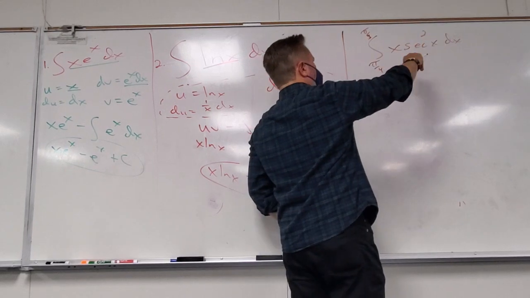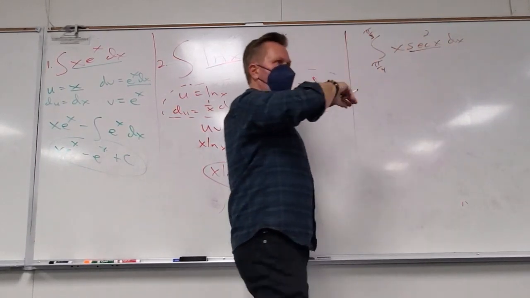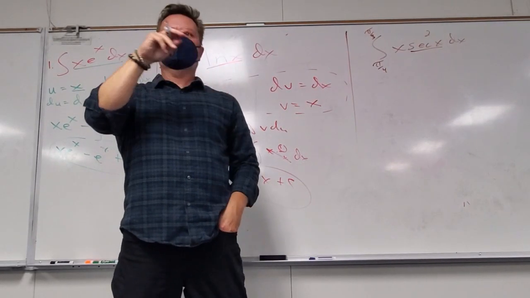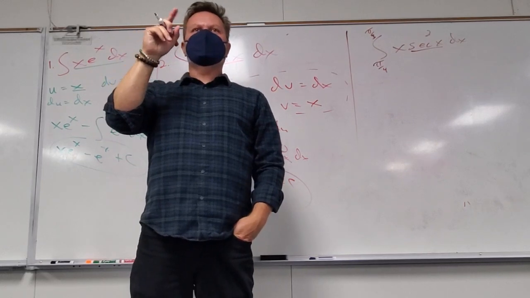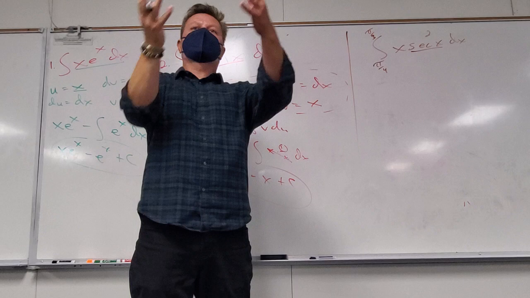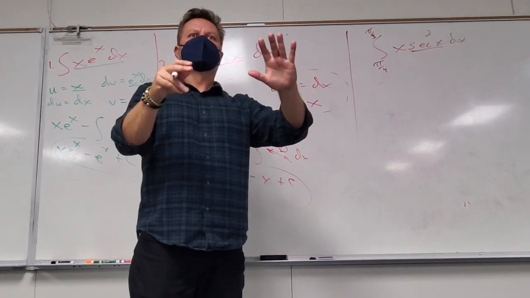I know the integral of that, so since I know the integral, it makes sense that that's going to be my dv. And then that's really cool because then the other chunk, du, is going to kill it.